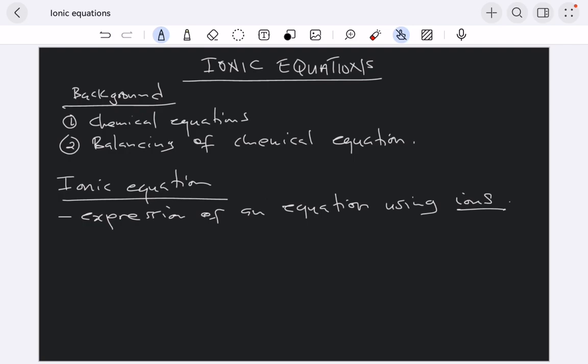So it shows the ions present. It tells us the ions present in a given solution.